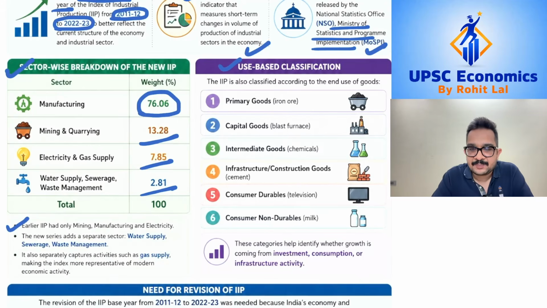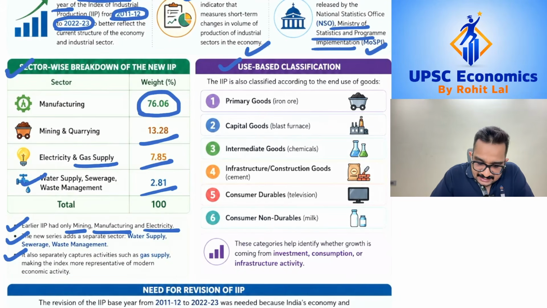So earlier, the IIP indicator, which had the base year of 2011-12, only had three broad sectors, which were mining, manufacturing and electricity. However, the new series has added a new sector, which is water supply, sewage and waste management. In addition to this, it has also added gas supply as a part of electricity.